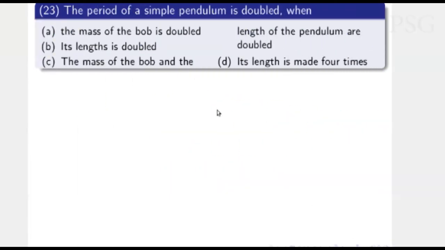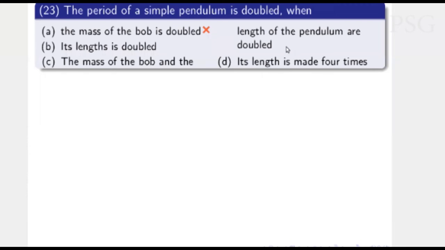The period of a simple pendulum is doubled when mass of the bob is doubled, its length is doubled, mass of the bob and length of the pendulum are doubled, length is made 4 times. Can you try answering this question? See, it is independent of the mass. So option A is wrong.